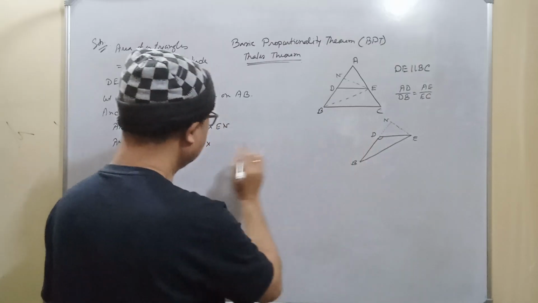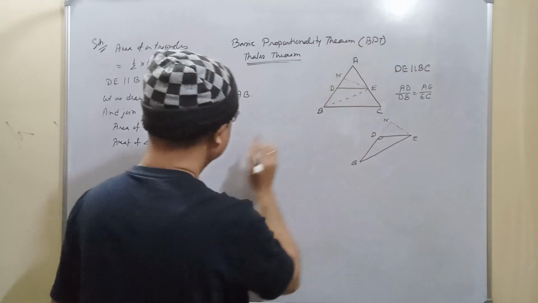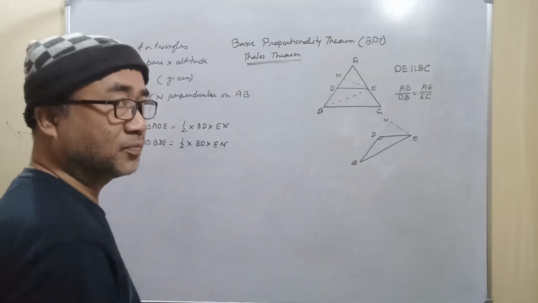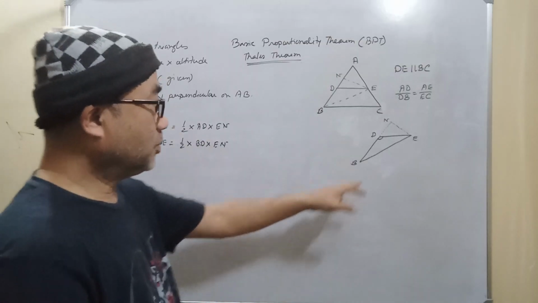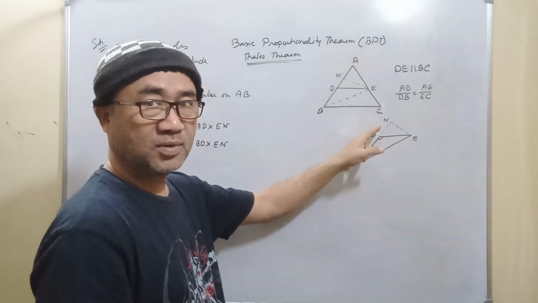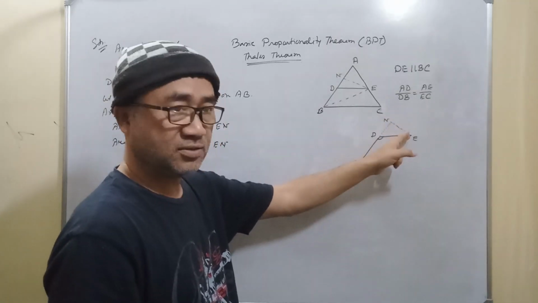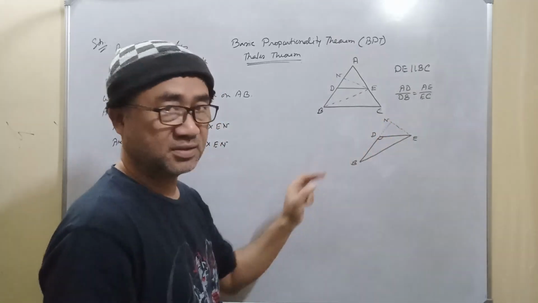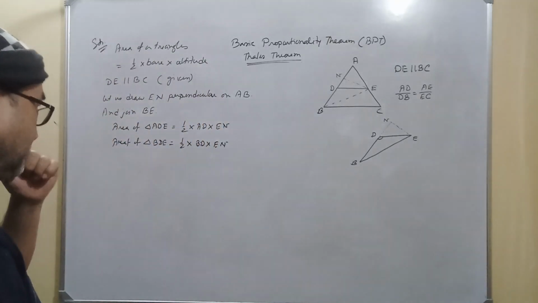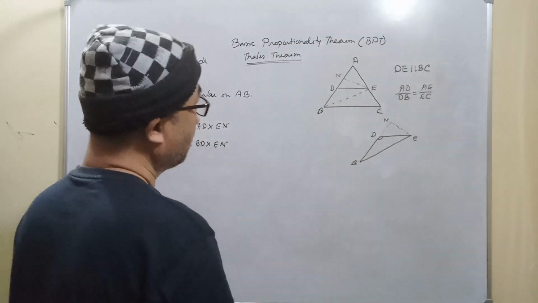Base is already BD. What is the altitude now? EN. Right? In obtuse triangles, we find area like this. We can extend the base and then take the altitude like this, drawing a perpendicular to the extended base. Okay, this side is done.